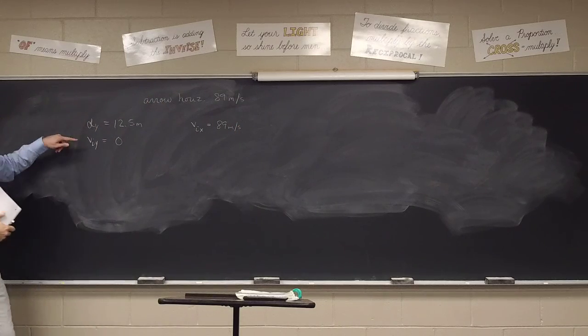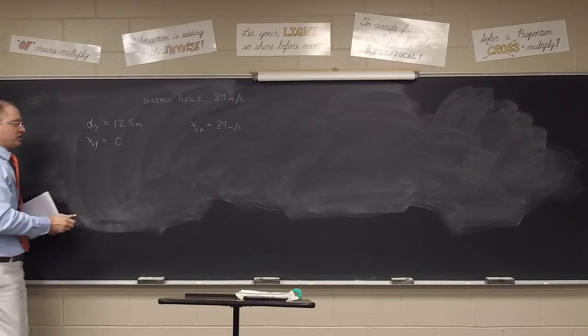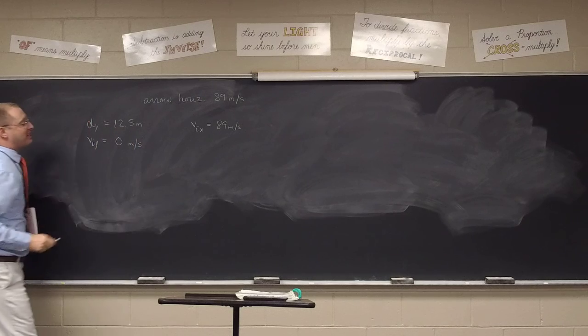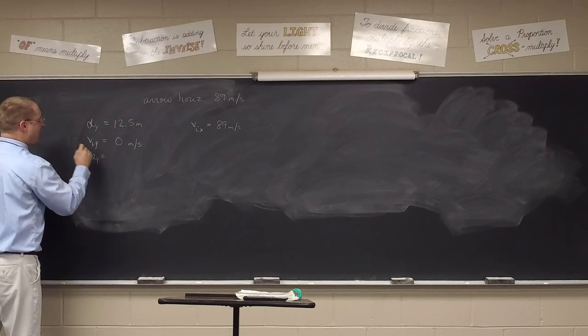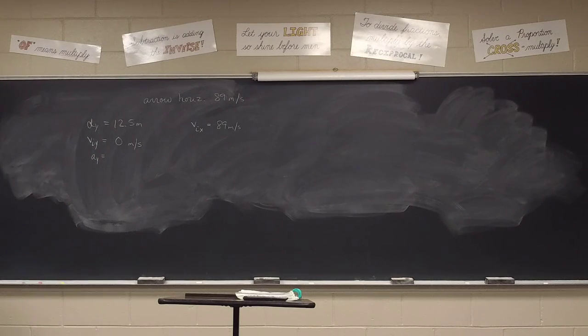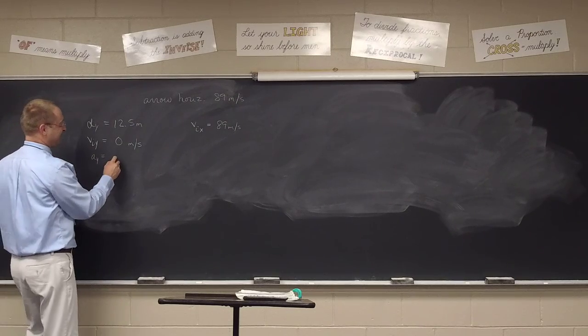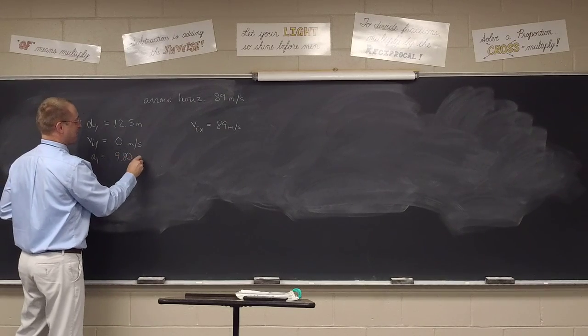We know it will not stay going 0 meters per second vertically because of, as we already said, gravity, which accelerates the arrow down, down, down to the earth. And it goes down at a rate of, class, 9.80 meters per second squared.